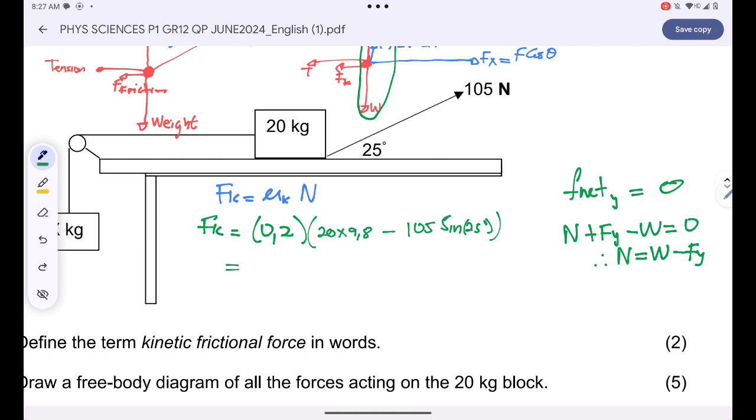That's 0.2 multiplied by 20 times 9.8 minus 105 times the sine of 25 degrees. And this will simply give me 30.33 newtons.